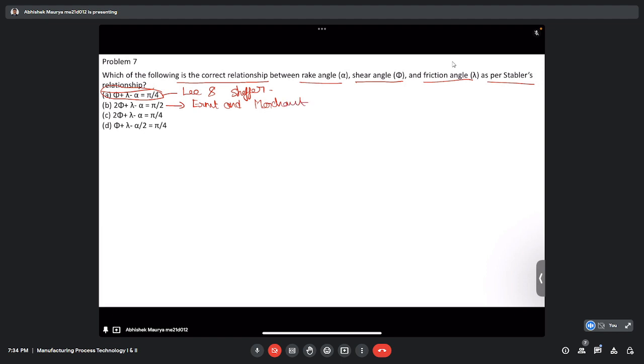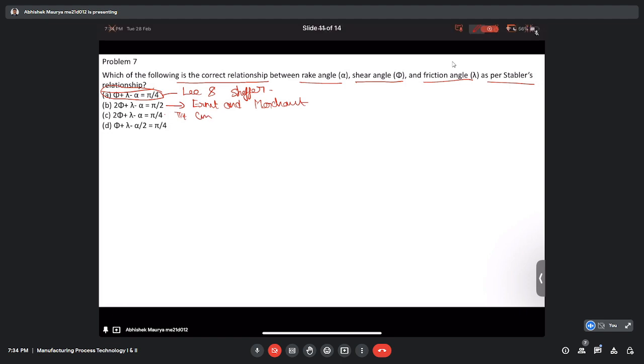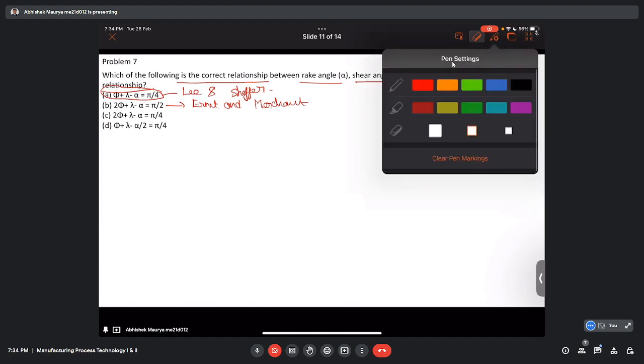And this relationship we haven't seen, but if in place of pi by 4 there would be some constant C m, so okay, I will write it again.